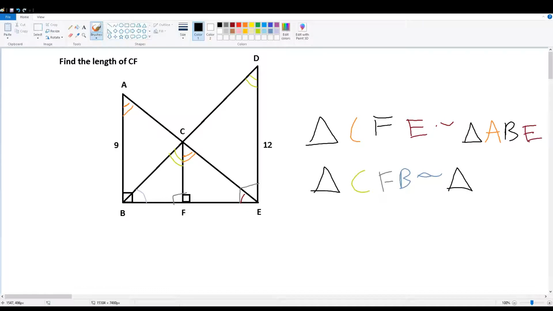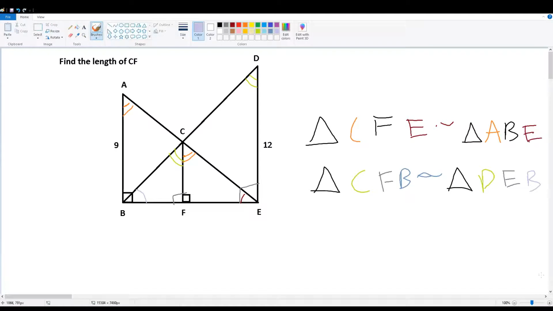Sorry, DBE, not ABE. Sorry, it's DEB. I'm sorry, I wrote that in the wrong order. These are the corresponding angles. And that's why you color code things, so you know which the corresponding angles are.